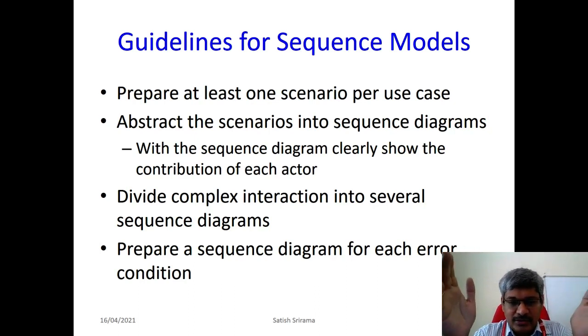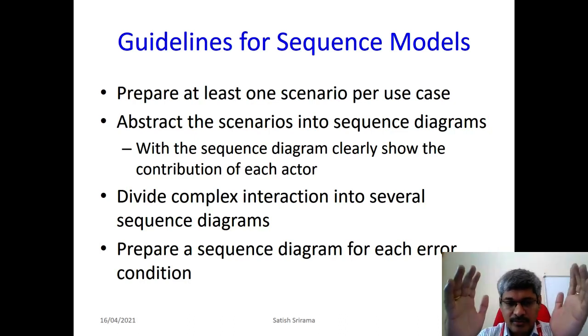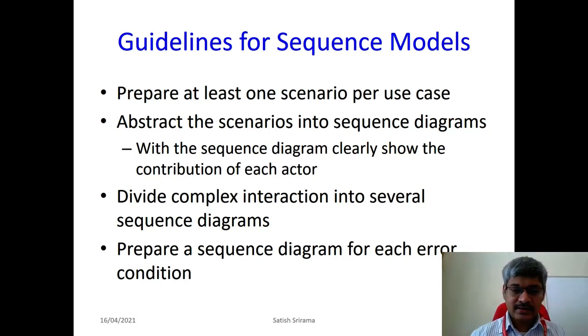For example, for all the major activities and all the major sequences, have sequence diagrams, and also prepare sequence diagrams for each and every error condition or abnormal condition. So don't forget to prepare sequence diagrams for them as well. These are very important in understanding the system, and in understanding the use case and its task clearly.